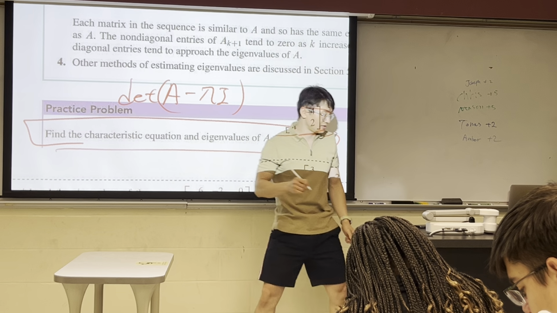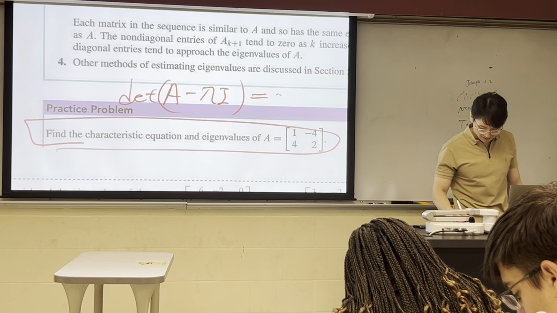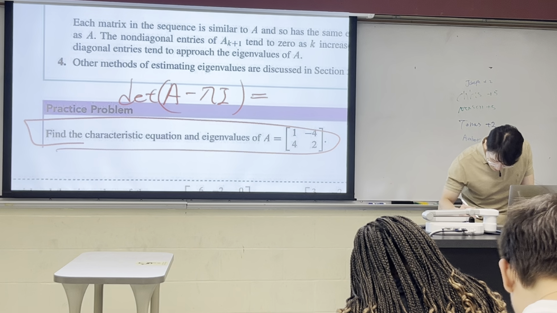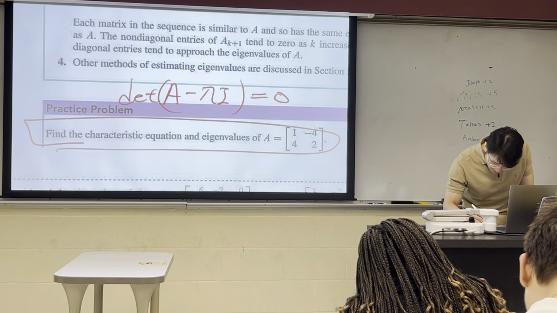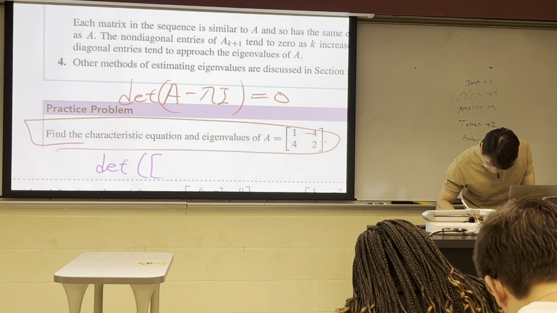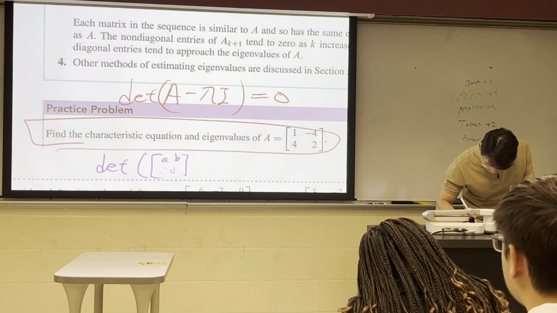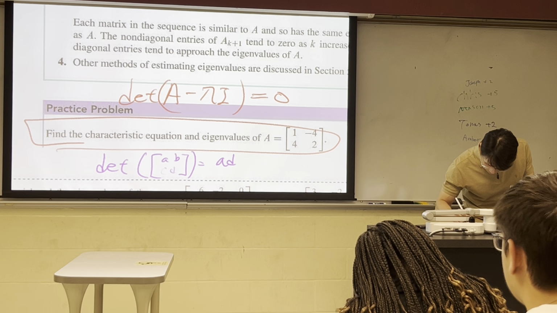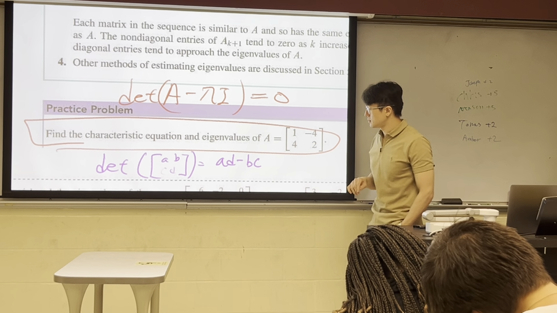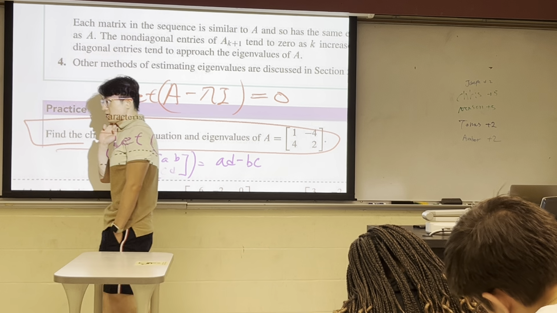Find this thing and set the determinant of A minus lambda to zero. The determinant of A, B, C, D is AD minus BC.